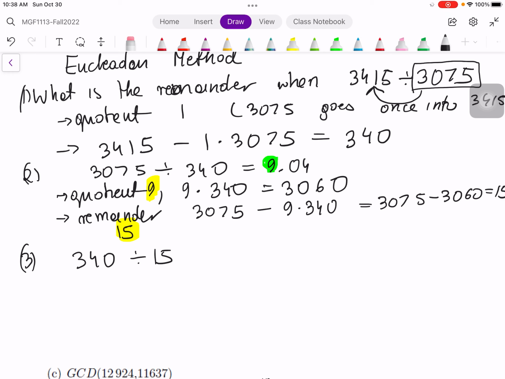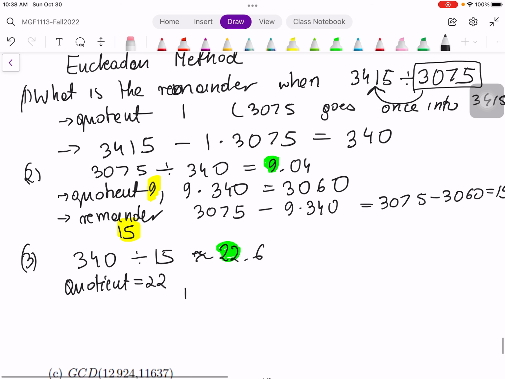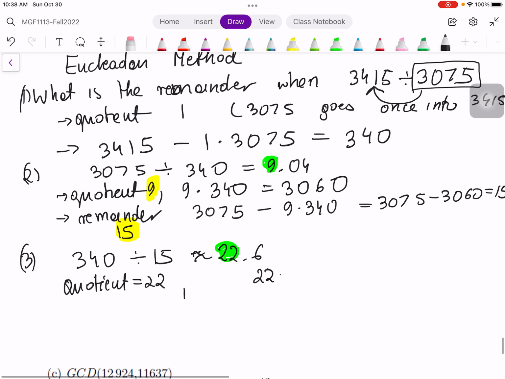Just grab a calculator. That's about 22.6. So 22 is my quotient. Now what is 22 times 15? It's 330.